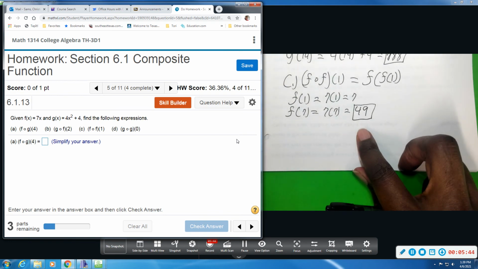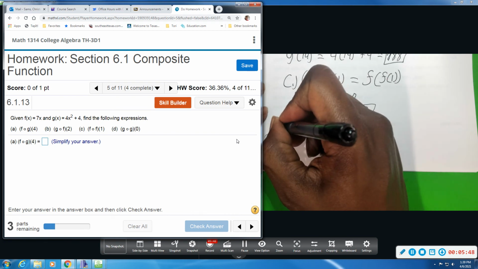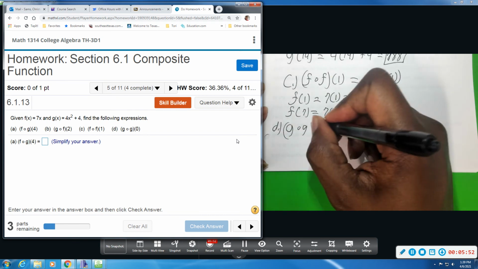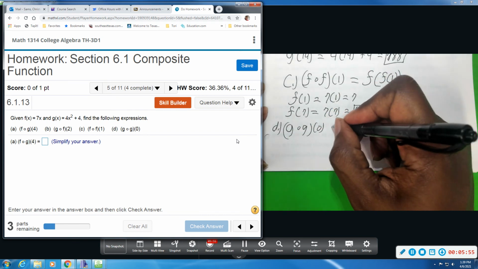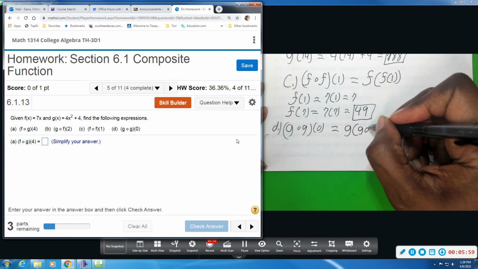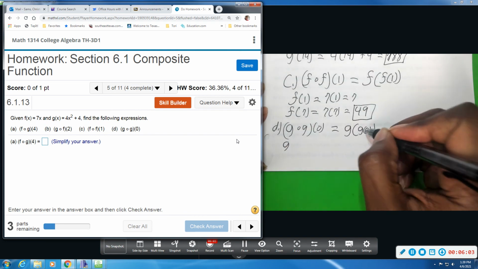And then the last one we have is g composed with itself of 0. So that means we're going to take the g equation and plug in g of 0. First we're going to find the inside, g of 0.